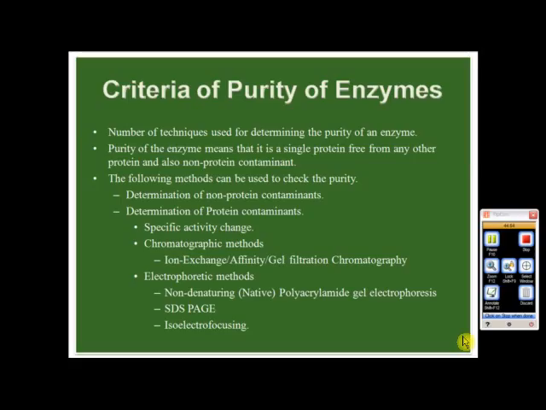Further, we have a number of techniques for determining the purity of an enzyme, and purity is nothing but the single protein that you have to see. These are the methods which we can apply to check the purity: determination of non-protein contaminants, and determination of protein contaminants, which can be done by specific activity change and chromatography methods.